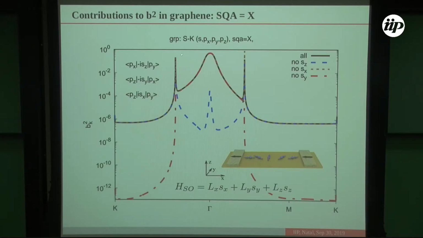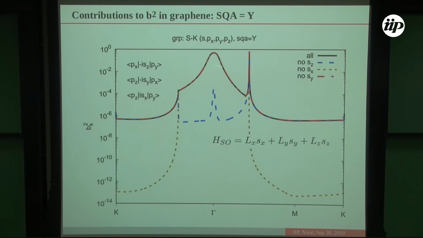Here all elements are present, so you are switching SX off, which should be diagonal in spin, no changes. You are switching off SZ, no changes, because SZ couples px and py orbitals, which don't couple to the pz orbital of the Dirac cone. And now we are switching off SY, spin mixing goes to 0. And the same will happen for spin quantization axis along Y: only the SX operator contributes, this matrix element with SX coupling pz and py contributes to spin mixing close to the Dirac cone.